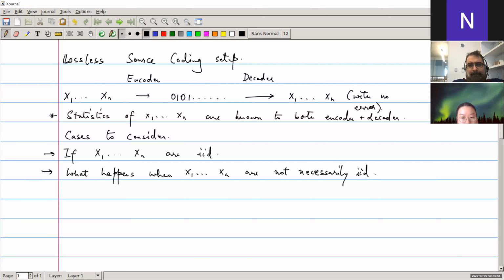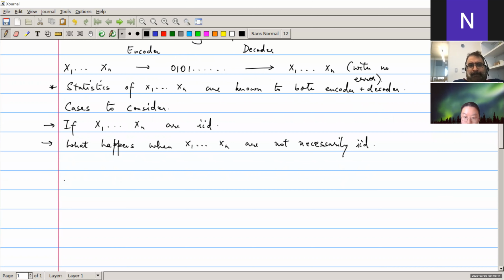The simplest case is of course when x1 to xn are IID, and the simplest case of all is when n equals 1. You just have one random variable. So let's consider the real baby case: how do you encode a random variable x?